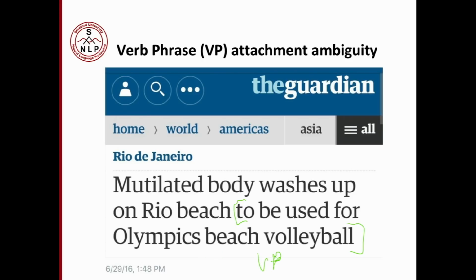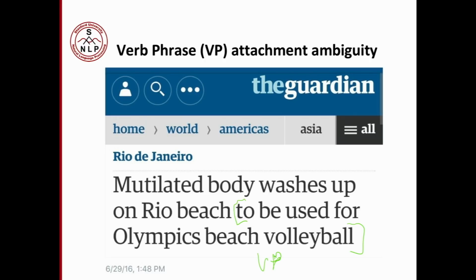When you've got most of a sentence but without any subject, that's a verb phrase, to be used for Olympic beach volleyball, which might be in an infinitive form. Sometimes it's in participial form, like being used for beach volleyball. And really, those kinds of verb phrases are just like prepositional phrases. Whenever they appear towards the right end of sentences, they can modify various things like verbs or nouns.